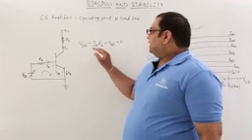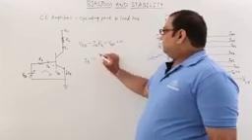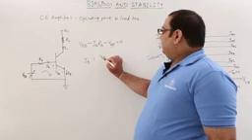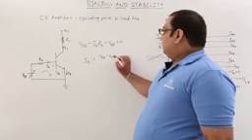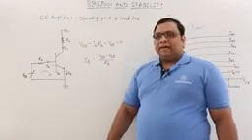From this we can understand that IB is equal to VBB minus VBE divided by RB. This is the way we can find the IB value.